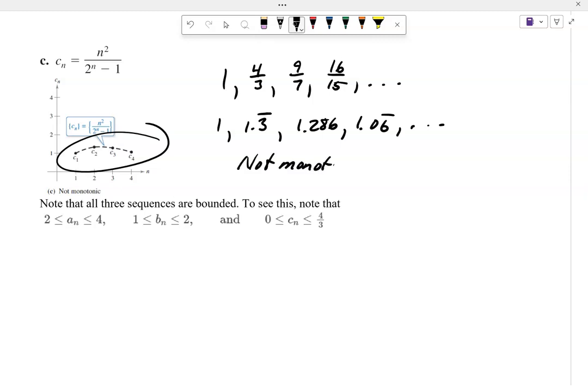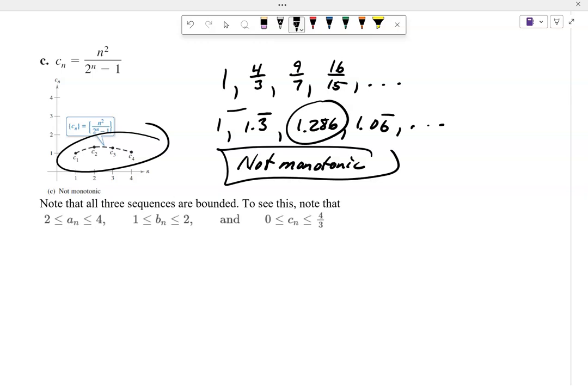It's not strictly increasing or strictly decreasing or strictly the same. Because this term is going up to 1.3, but then it goes down, right? You either got to keep going up, keep increasing, or you got to have them all decrease, or you got to have them all the same.